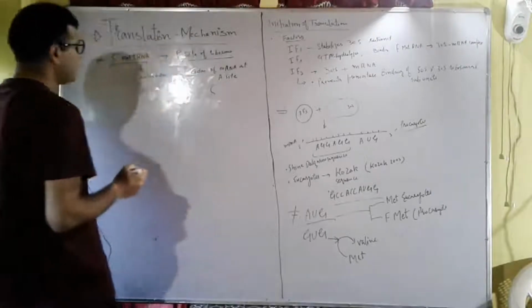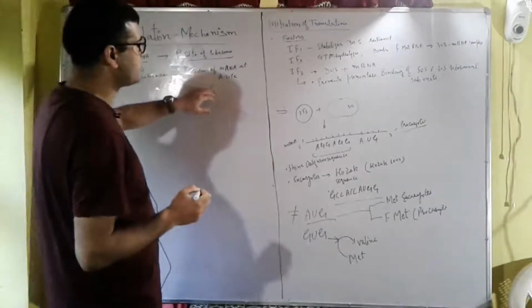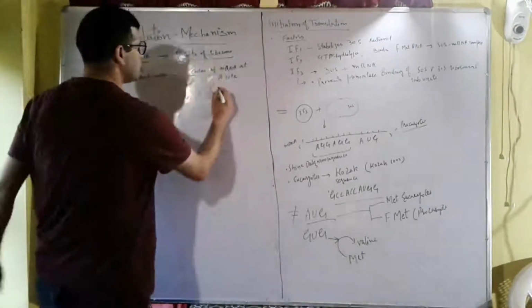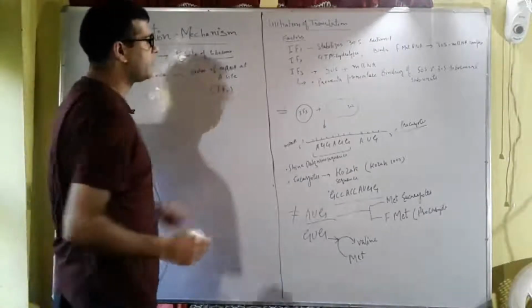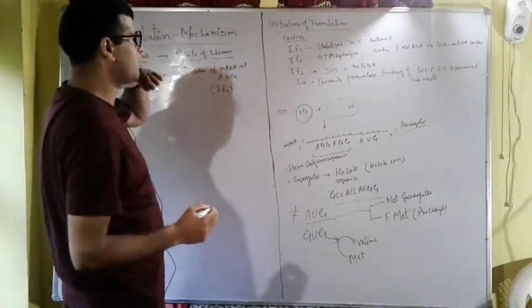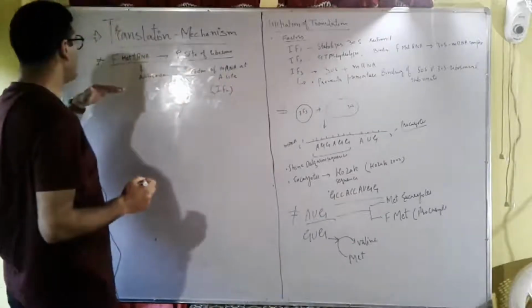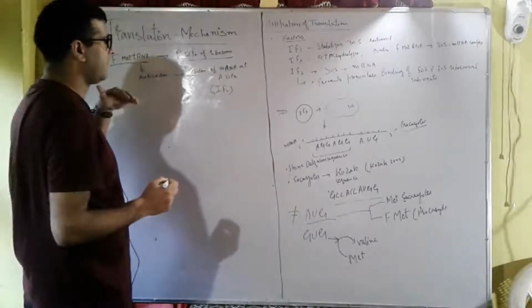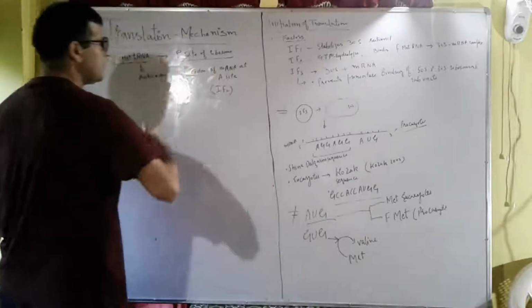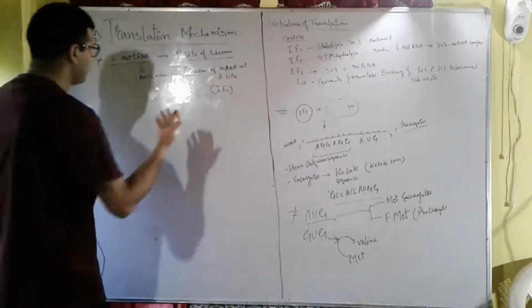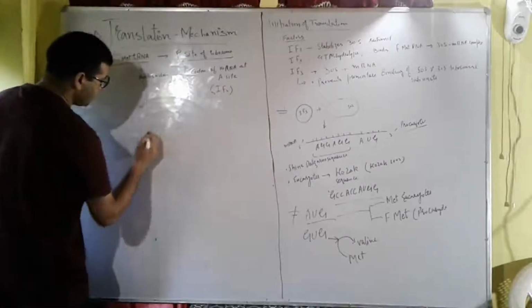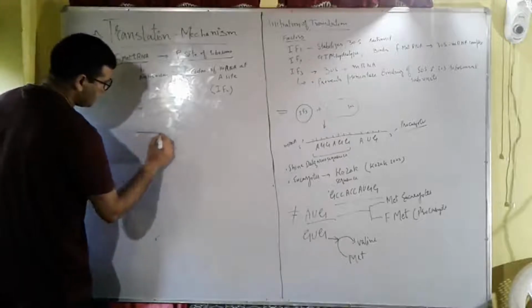And which initiation factor is required for this? Initiation factor second is required for the binding of formyl methionine tRNA to the ribosome, to the 30S mRNA complex. So we can show it like this.